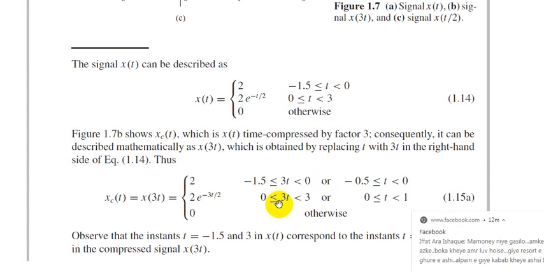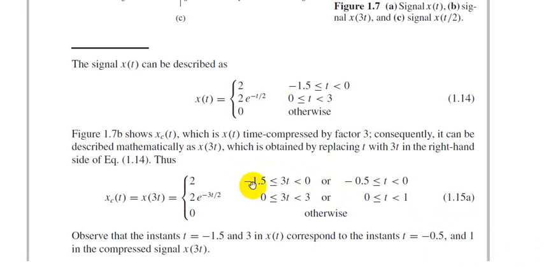-1.5 to 0. Then we'll evaluate the value of t, and we actually divide the both sides by 3. That means -1.5 divided by 3 is less than or equal to t is less than 0 divided by 3. If we evaluate in that way, we get -0.5 is less than or equal to t is less than 0.